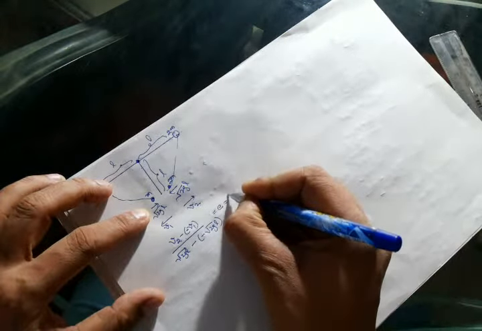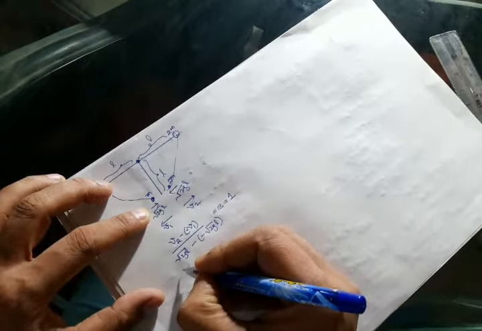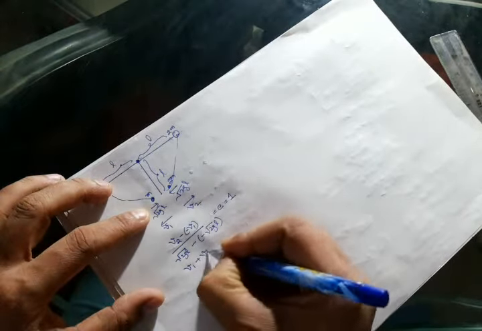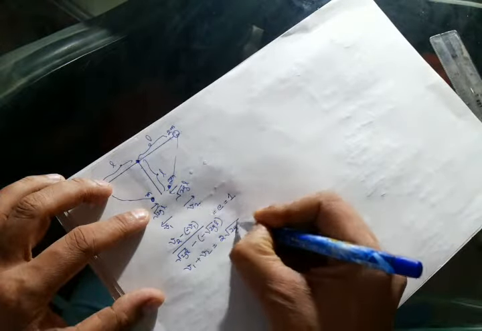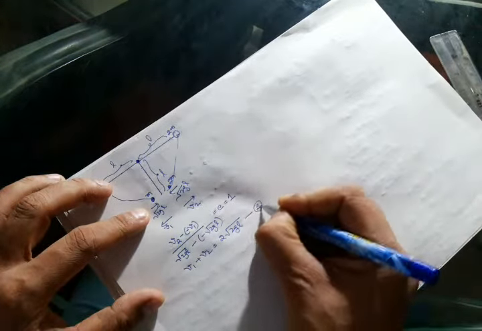As the collision is perfectly elastic, e should be 1. So v1 plus v2 is equal to twice root 2gl. This is my first equation.